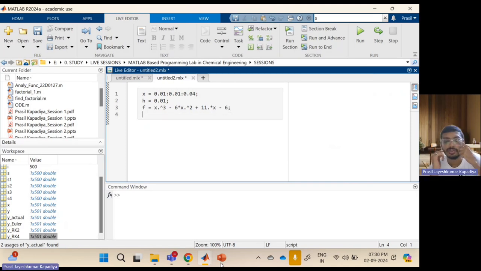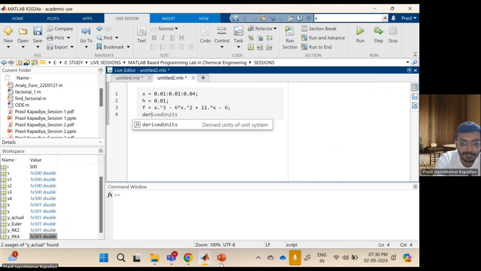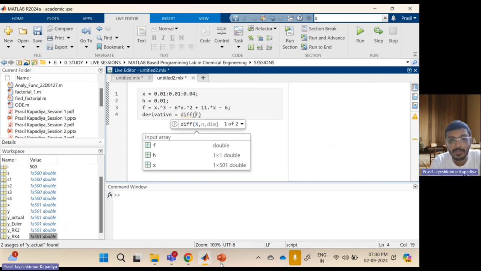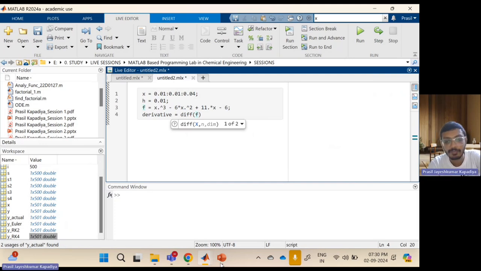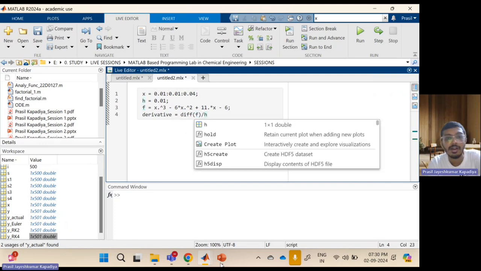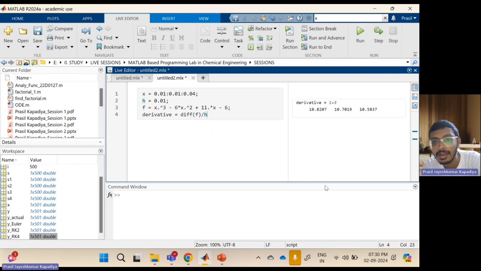Okay, so derivative will be given as difference of f divided by h. Correct? So we'll get derivative. Let's see what we are getting. 10.8207, 10.7019, and 10.5837.